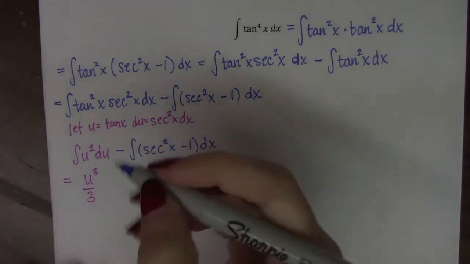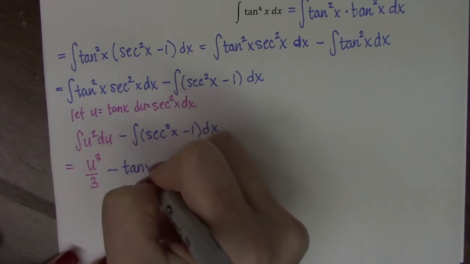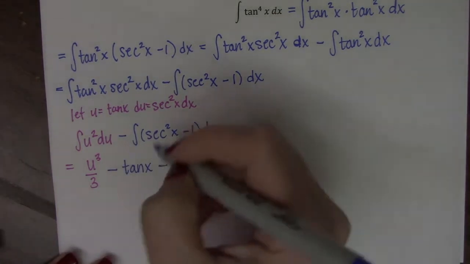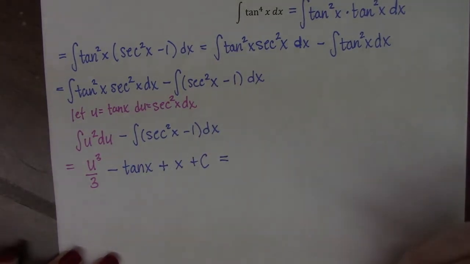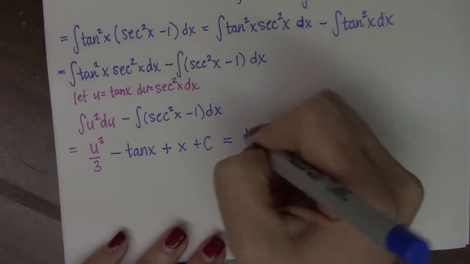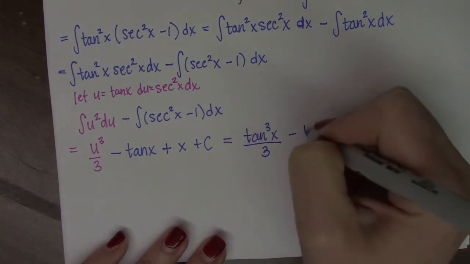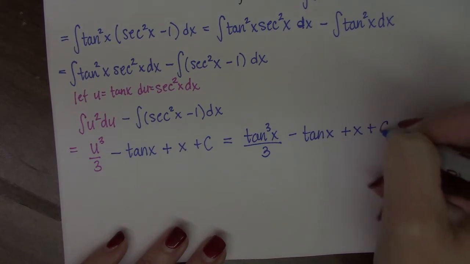Then my second integral, the antiderivative of secant squared is just tangent x, and this negative is going to get distributed, so this is actually going to become plus x plus c. So my final answer, I'm just going to replace u with what u stood for. So I'll get tangent cubed x over 3 minus tangent x plus c.